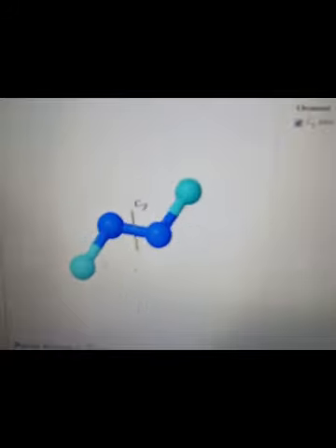We know that in improper axis of symmetry rotation is followed by reflection, which are perpendicular to each other. So in case of S3, C3 is followed by reflection. C3 is taking place along this axis and reflection is taking place along this particular plane. So this is what regarding the example of boric acid, which comes under the C3h point group.